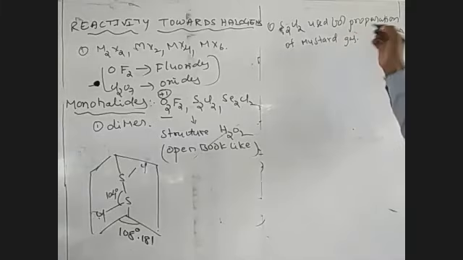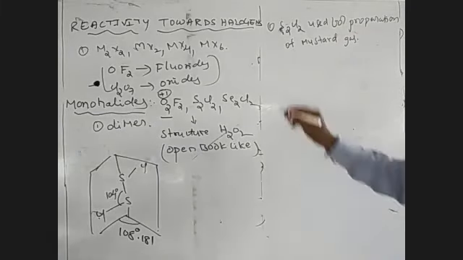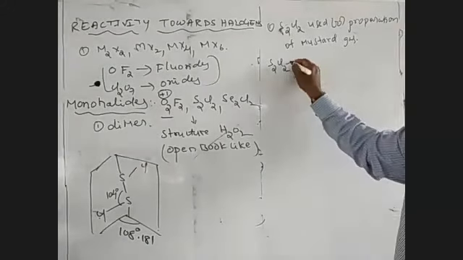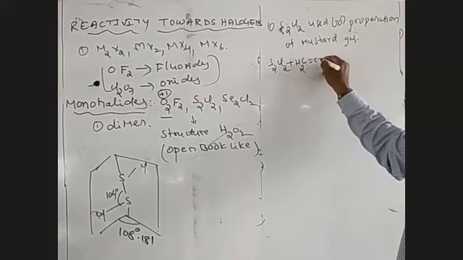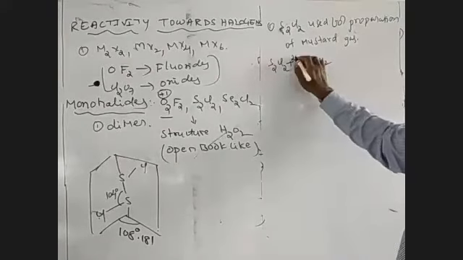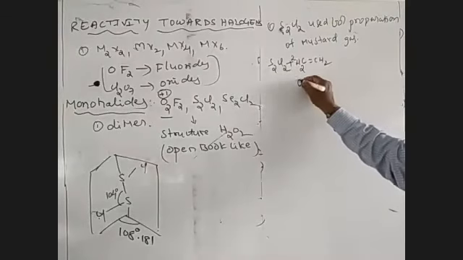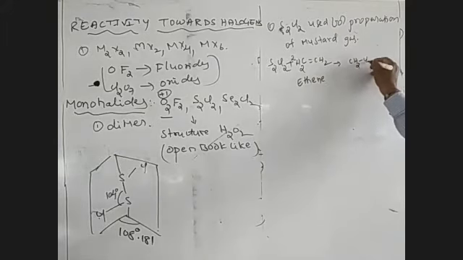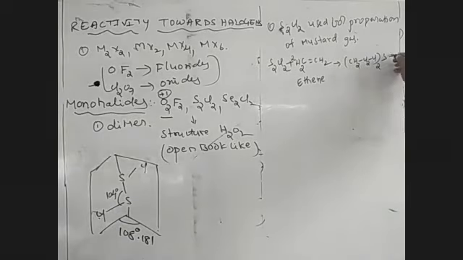Mustard gas can be prepared when sulfur monochloride S2Cl2 reacts with 2 moles of ethylene, CH2=CH2, to form the compound CH2CH2Cl taken twice with S, and sulfur is also formed. CH2-CH2 and Cl. This compound is called mustard gas.